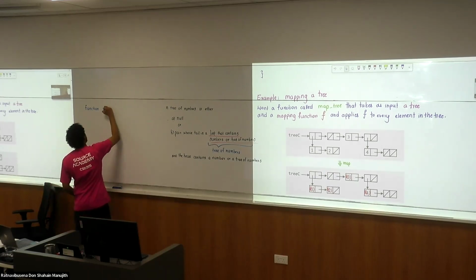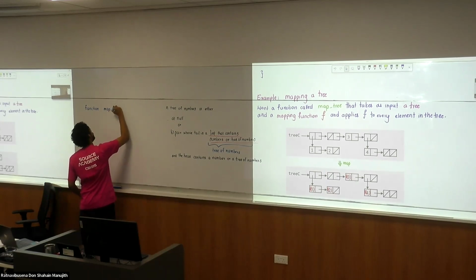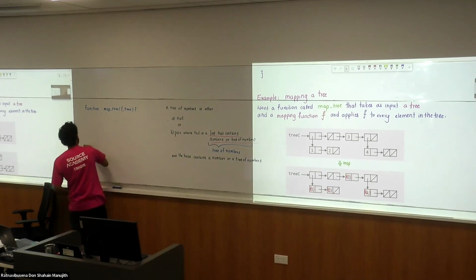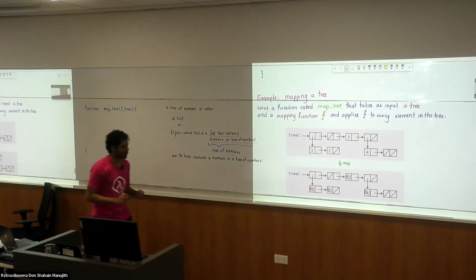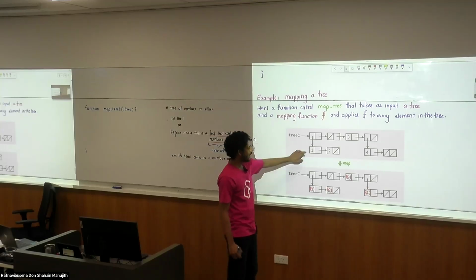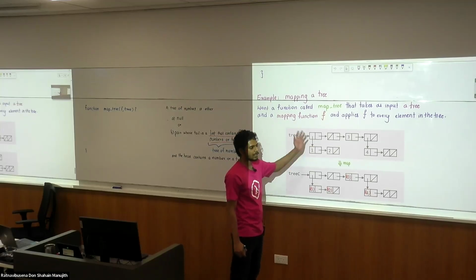Okay, so function map tree. We want to map the tree. We have a tree and we want to get this resulting tree where every single number is mapped to f of that number.